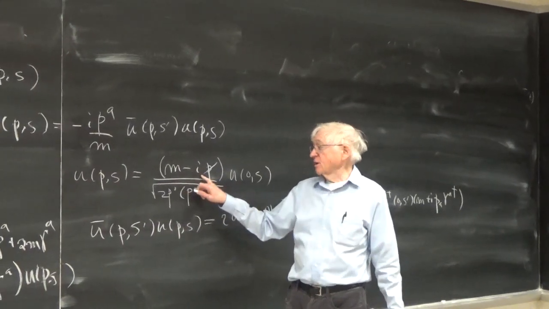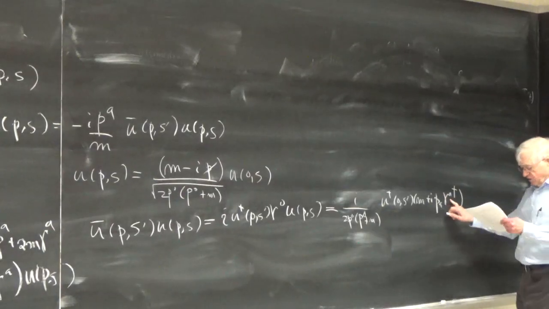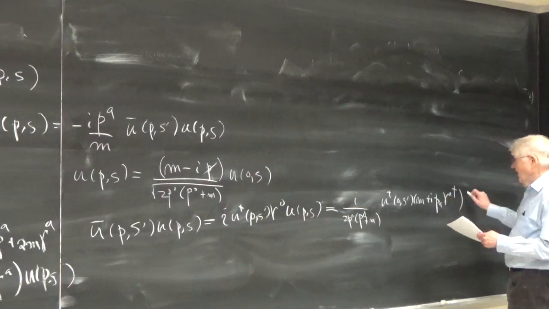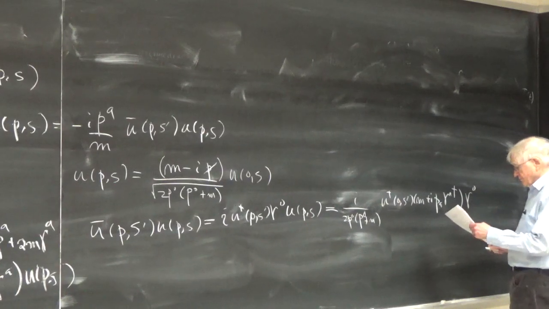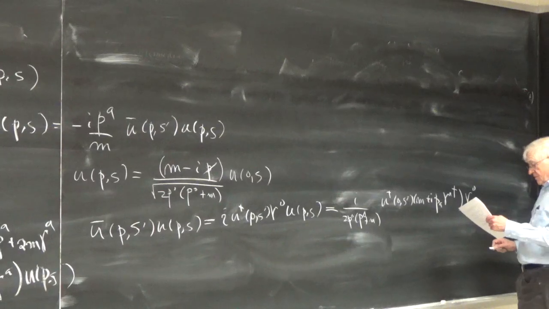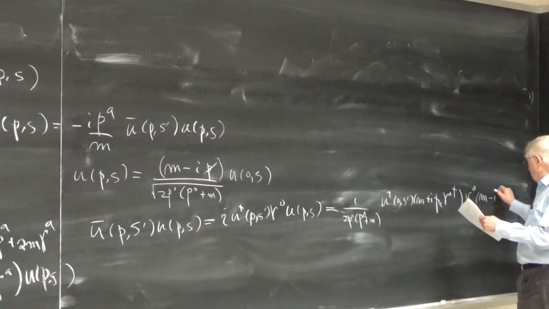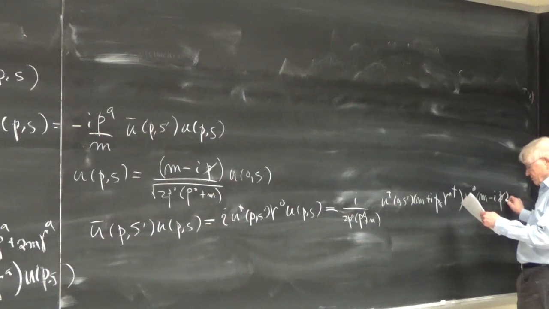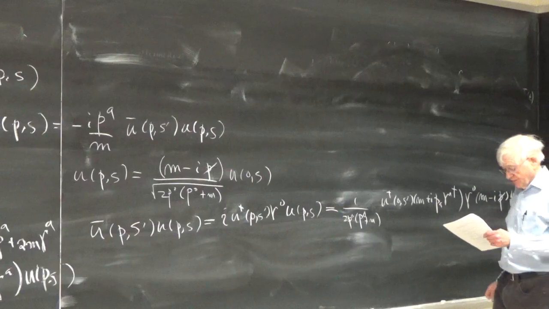So the minus I goes to I, and the Dirac matrices get adjointed. And then we have gamma 0 and then M minus I P slash U of 0 and S.